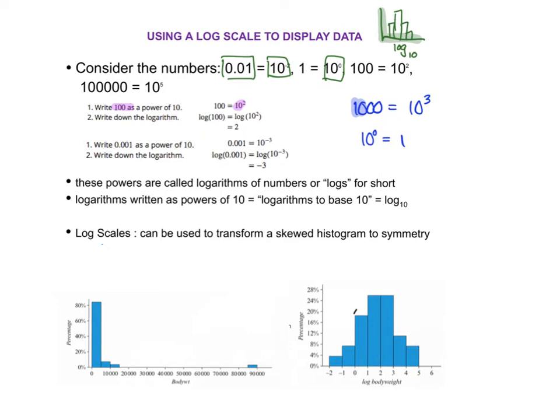So along the bottom, instead of saying 10 to the power, they just say it's a log scale. They'll say log scale down here, and they'll have 0, 1, 2, and 3. So if you see log scale and you see 3, it actually means 10 to the power of 3, so that would mean 1,000, yeah? And this one actually means 10 to the 0, which means 1, okay?